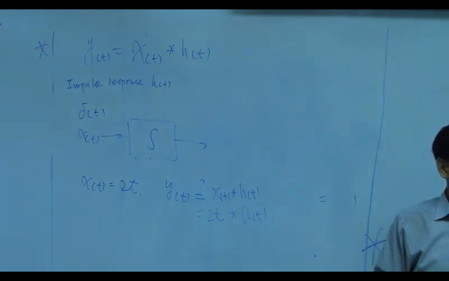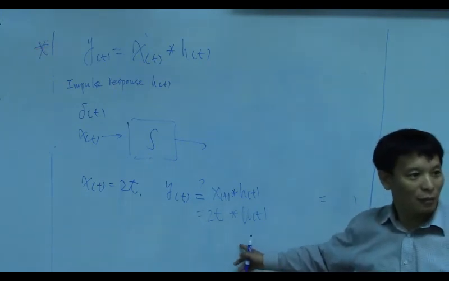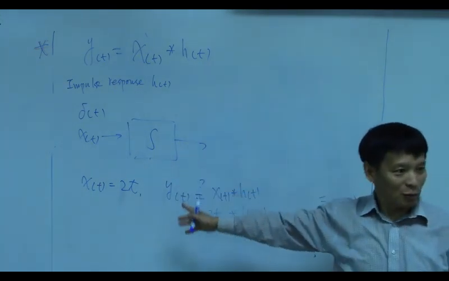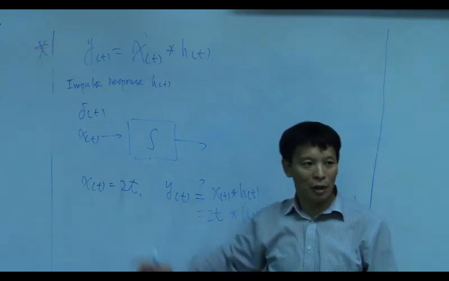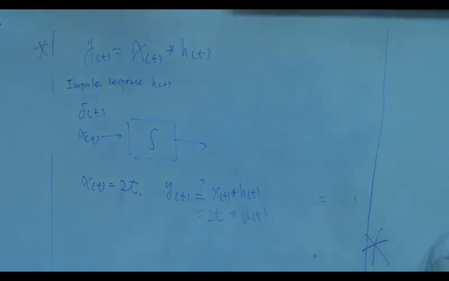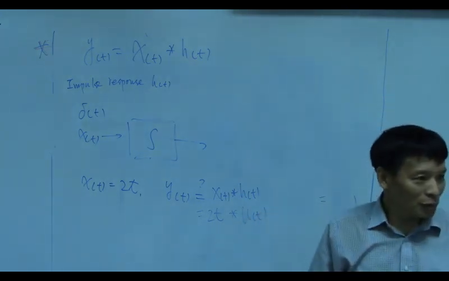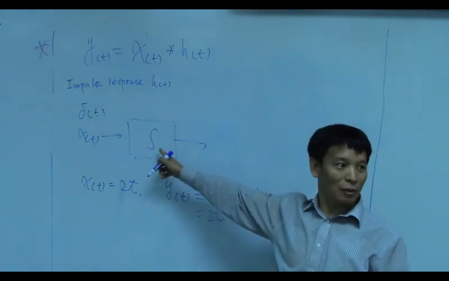Now you can do this, right? We already showed the example. So if you can do this, that is our output. And what is that output? We can directly calculate it because this is an integral.